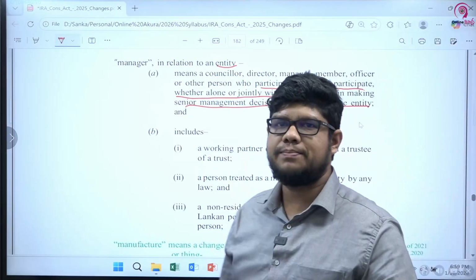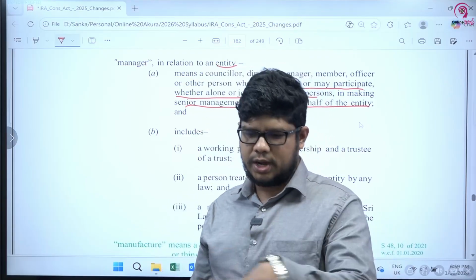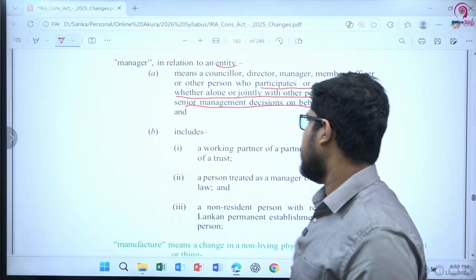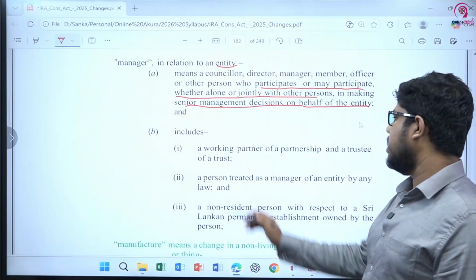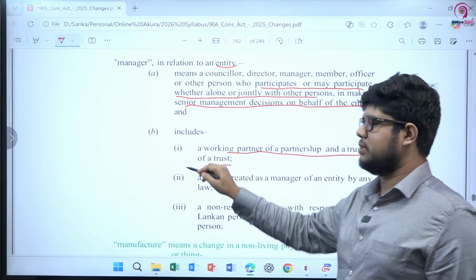You are making senior management decisions to direct your company's activities. And it includes a working partner of a partnership and a trustee of a trust.